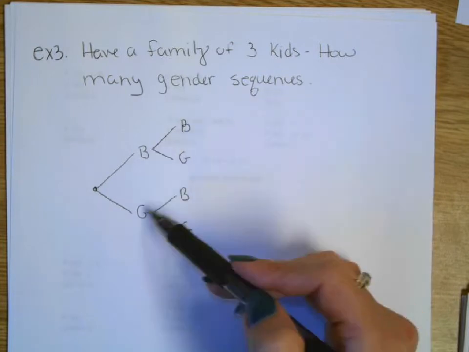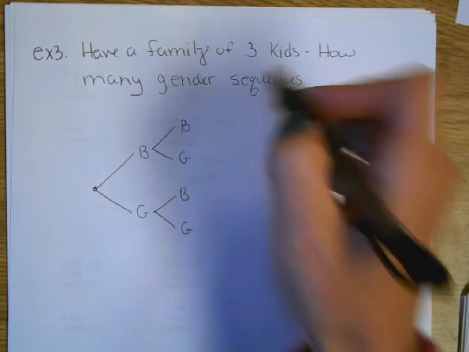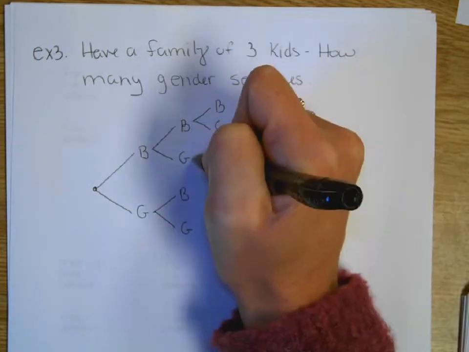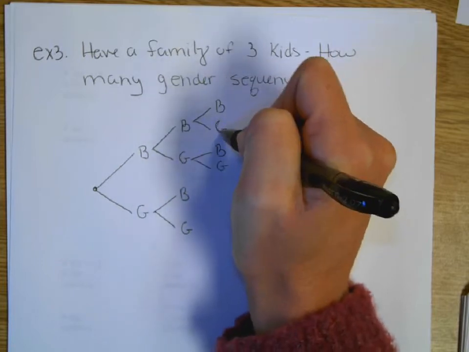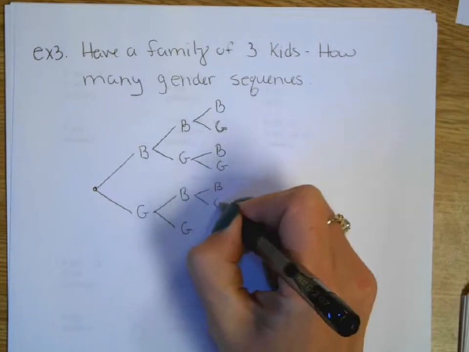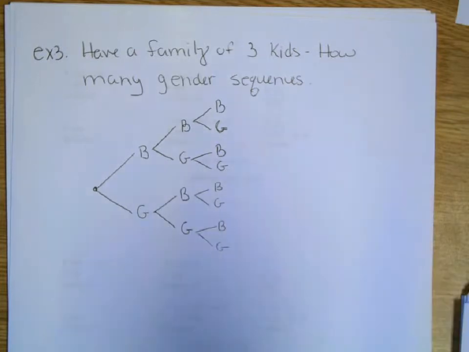Boy, boy, boy, girl, girl, boy, girl, girl. 4 outcomes. But I got to have a third child, so off of each one of these, boy, girl, boy, girl, boy, girl, and boy, girl. Oh, pen's dying.